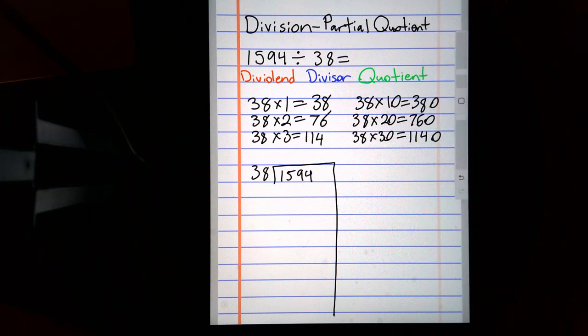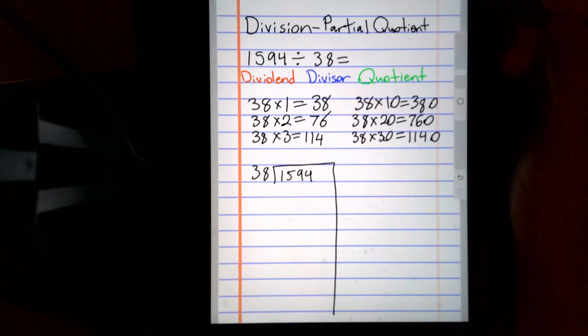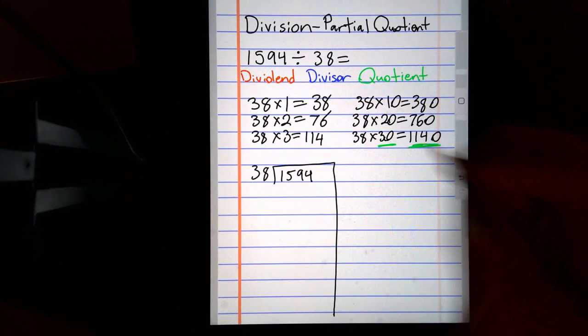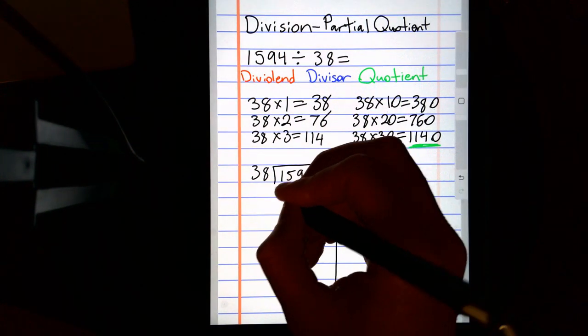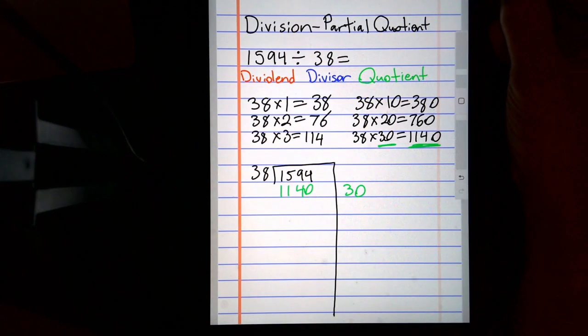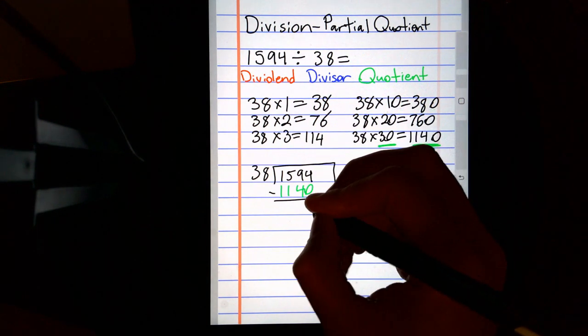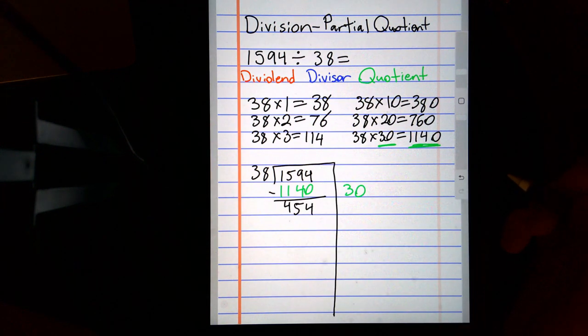And we're going to just start just like we did before by trying to find the largest number to subtract from, which we see is 1140 and 30. So we would put our 30 here and our 1140 here. And we would just subtract down. We would get 4, 5, 4, and 0 here.